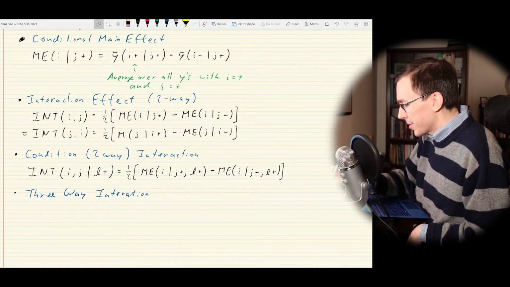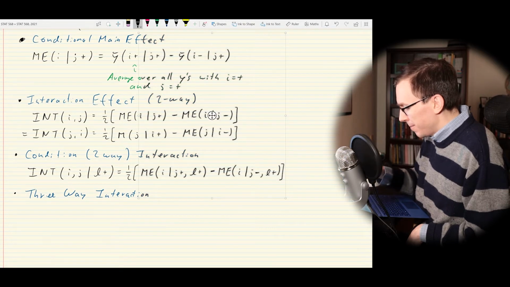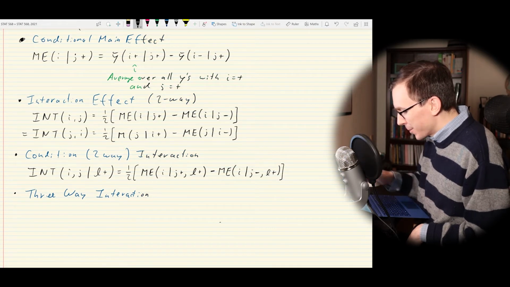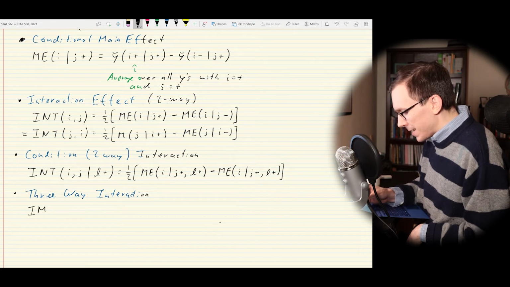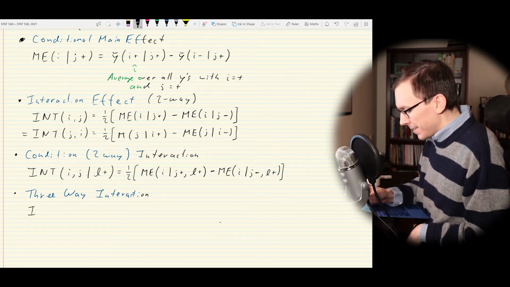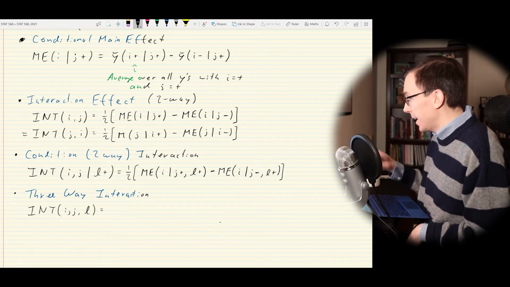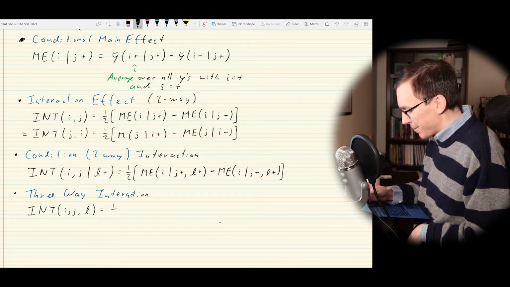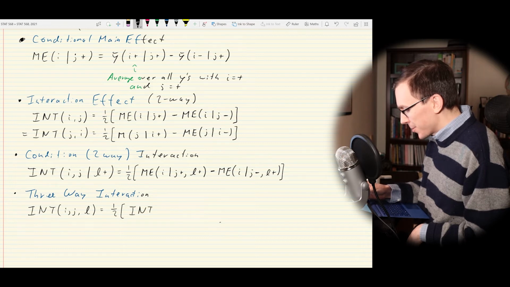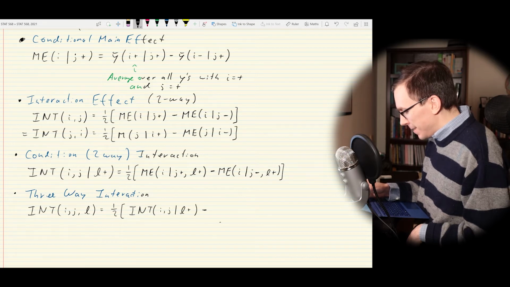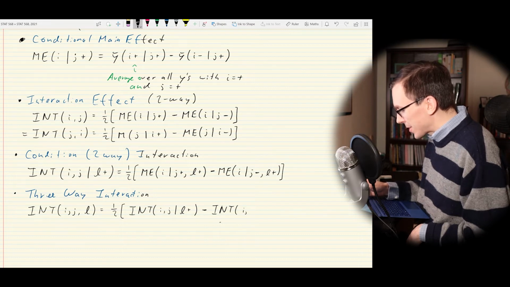And the three-way interaction we can write down as between i, j, and L. And in this case, it's just going to be 1/2 times the difference between the conditional two-way interaction of I and j given L plus, minus the conditional two-way interaction of i and j given L minus.